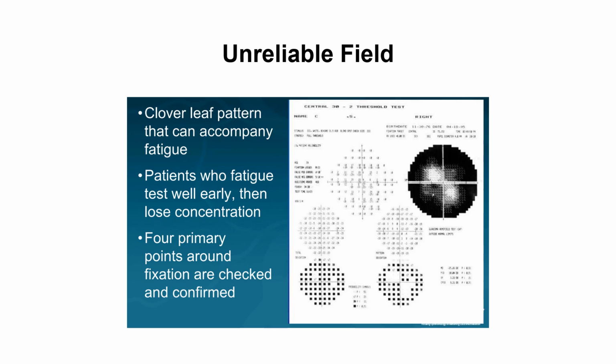So this appearance of the field like a cloverleaf will show. The 4 primary points around the fixation are checked and confirmed. Here you will see this is all field loss. This cloverleaf pattern means that the field is unreliable.